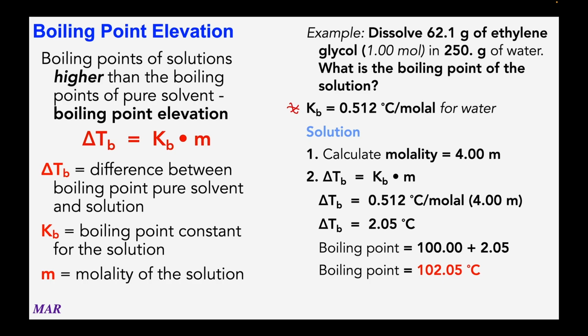And what this tells you is that water normally boils at exactly 100 degrees Celsius, and you add that delta T to it, so your solution will boil at 102.05 degrees Celsius. So again, higher than the boiling point of the pure solvent. So delta T equals K times m. You have to calculate m to find delta T. K values you can look up, or I'll give them to you, no big deal.